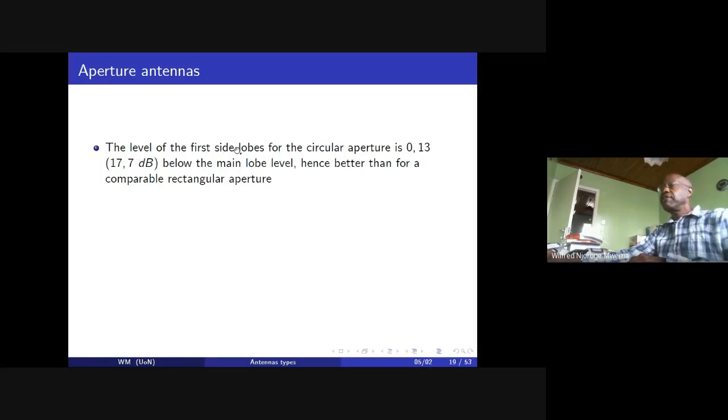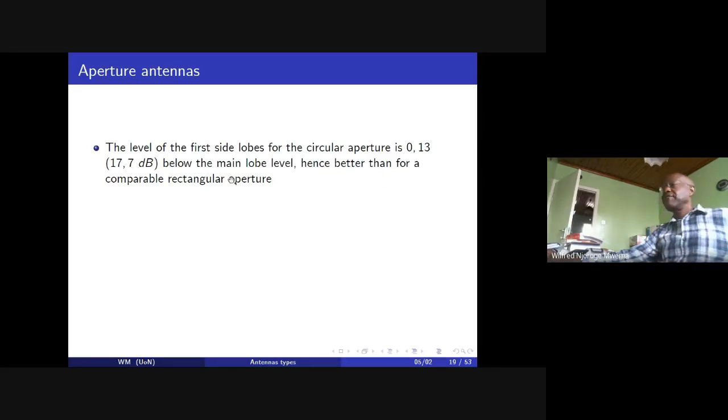So the level of the first side lobes for the circular aperture is about 0.13, which is 17.7 dB below the main lobe, and therefore it's better than that for the rectangular one, and it gives us a reason why most of the antennas will be using the circular horn antennas rather than the square ones, because of structural issues and also the manufacture issues.